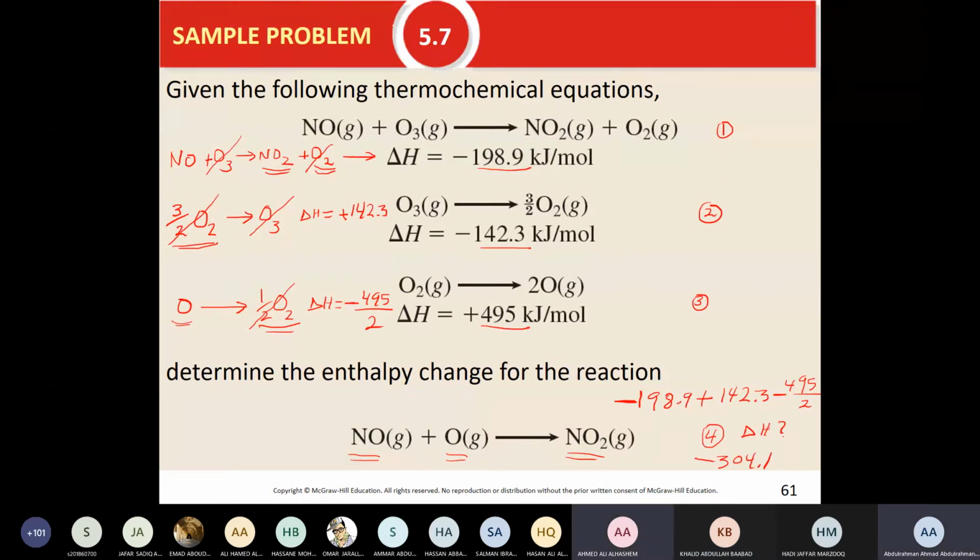Doctor, I only cancel if I have one in the product and one in the reactant, right? No, you don't have to. If you keep half, you can. For example, in here it is 1 to 1, but in this one we have 3/2, and here half.